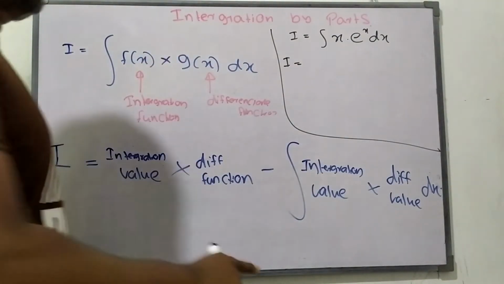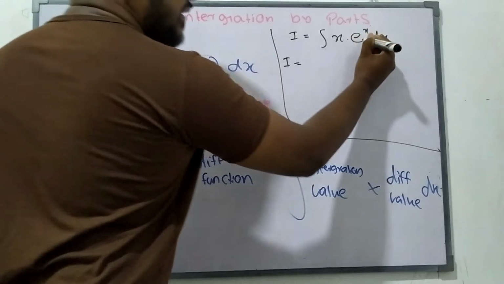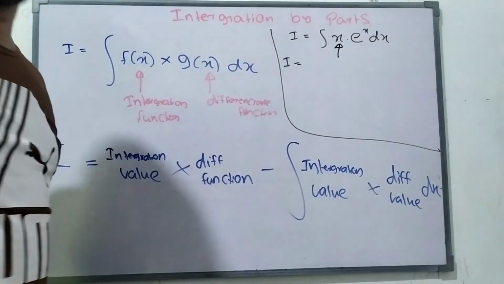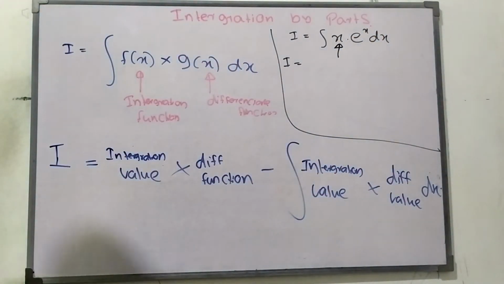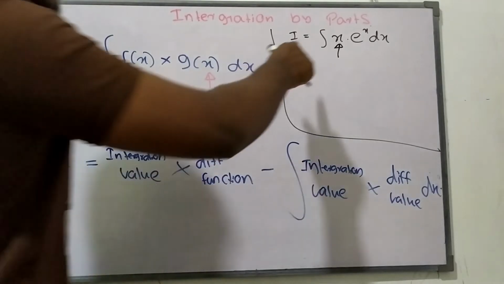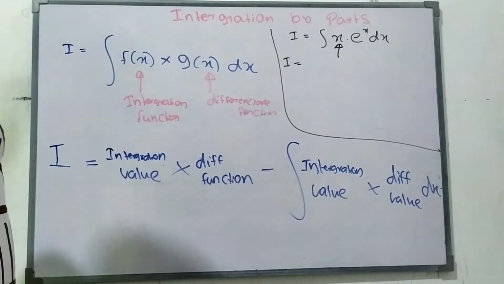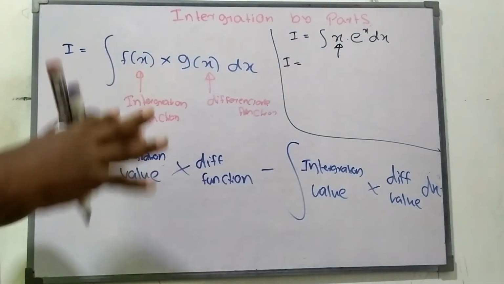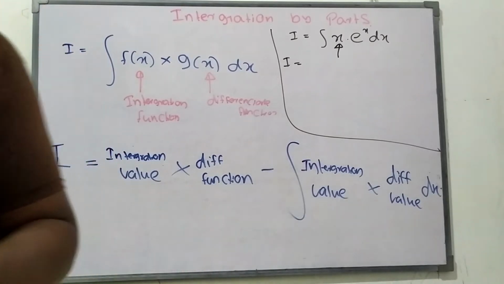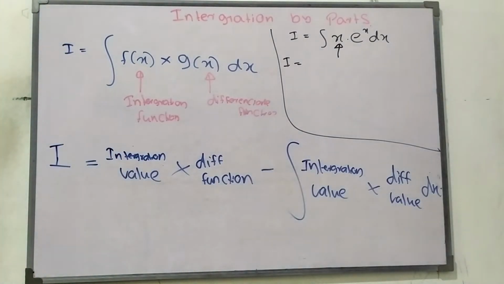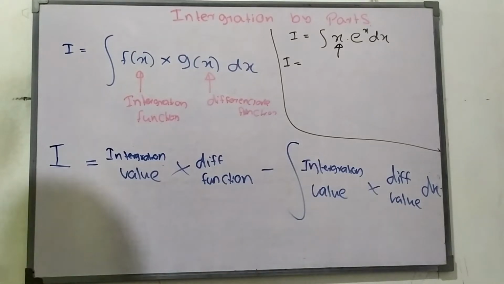But I'm selecting x as the differentiation function, because if you differentiate x, it will be 1, so it decreases. Always select a function which decreases in differentiation as the differentiation function.